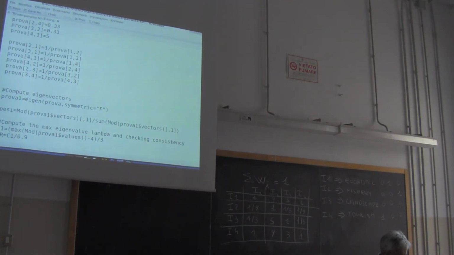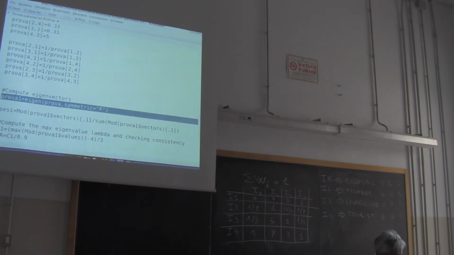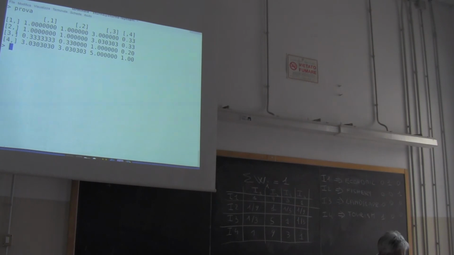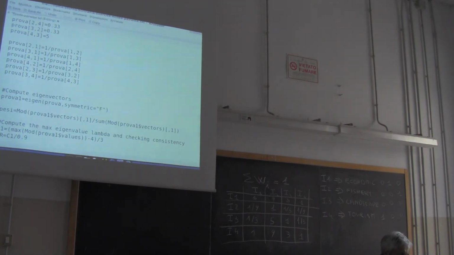Now, here is the computation of the eigenvectors. I copy it in R. And then I have to compute the eigenvalues. So here I already wrote an instruction which computes the eigenvalues and rescales them.